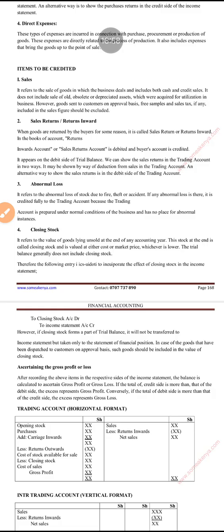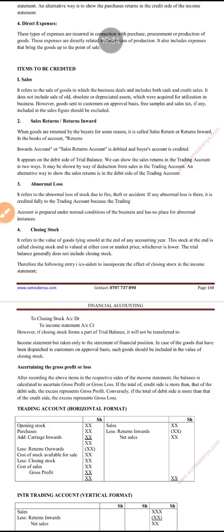So we determine the value of closing stock after the year end, and that is one of the reasons why the closing stock is not included in the trial balance. It is determined after the year end, and therefore, in most cases, we find it in the additional information and not on the trial balance.